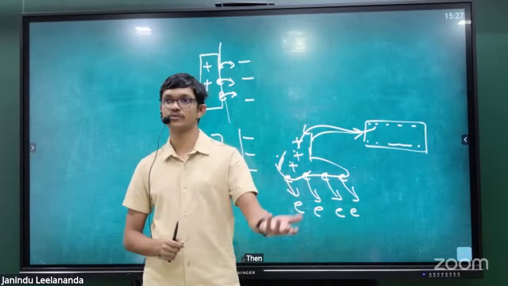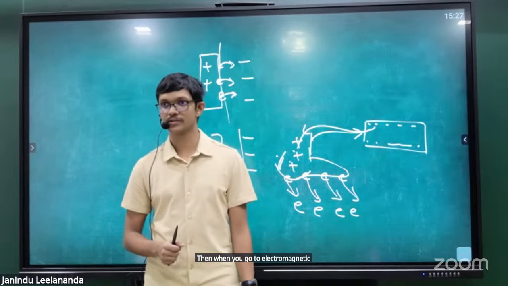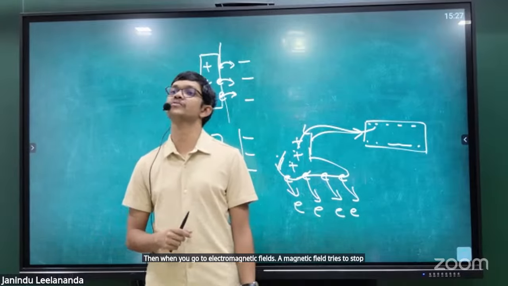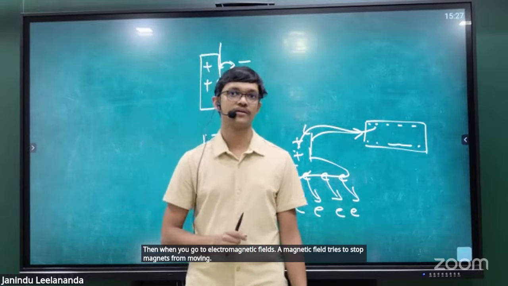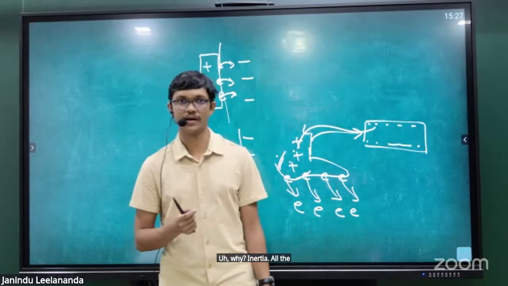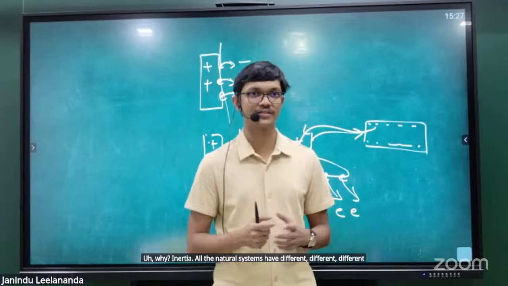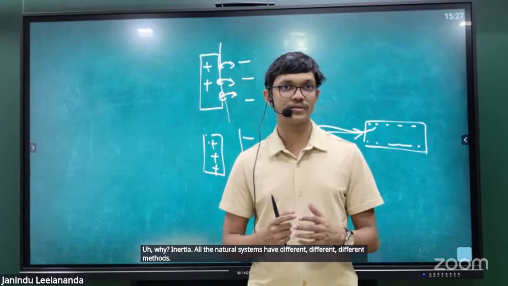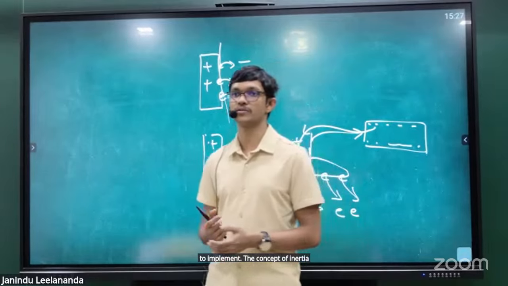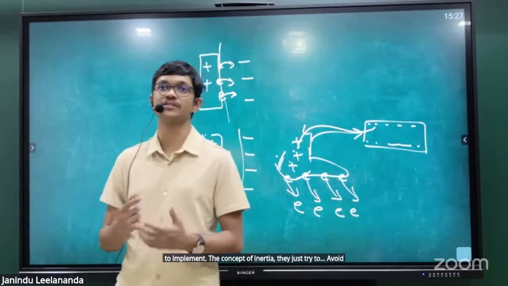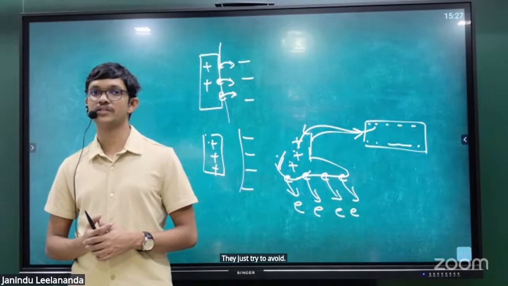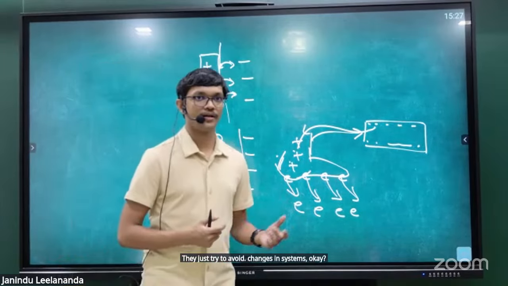Then when you go to electromagnetic fields, a magnetic field tries to stop magnets from moving. Why? Inertia. All the natural systems have different methods to implement the concept of inertia. They just try to avoid changes in systems. Clear?